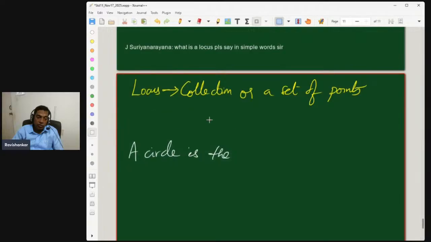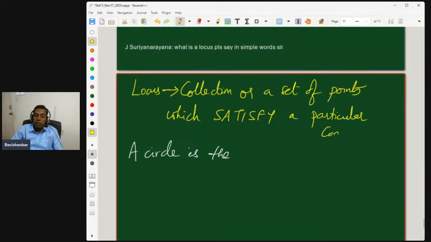A set of points which satisfy a particular condition.